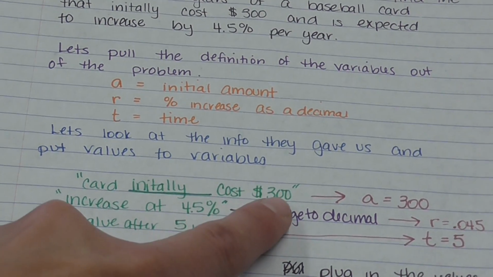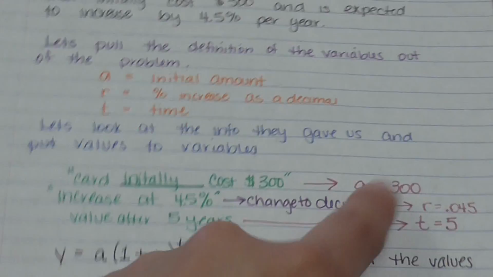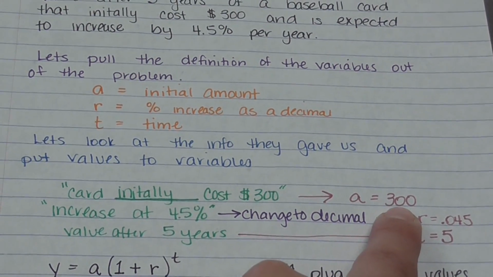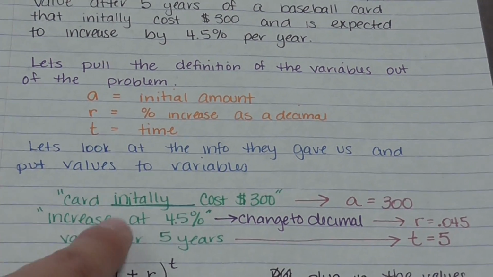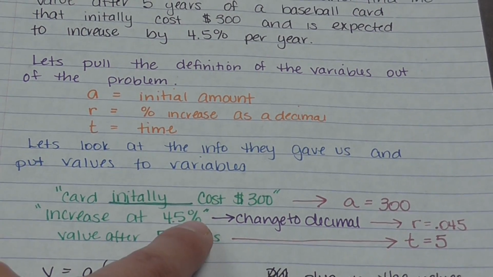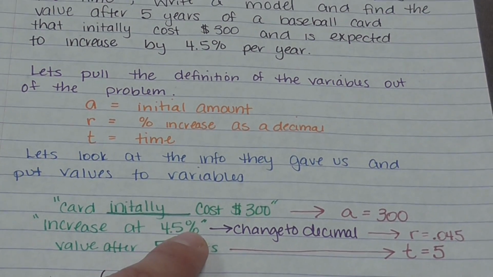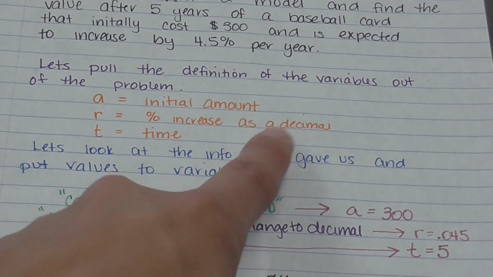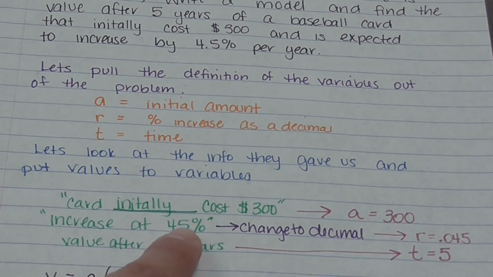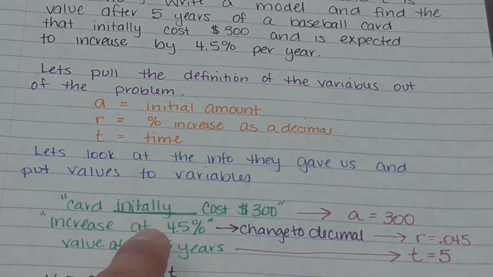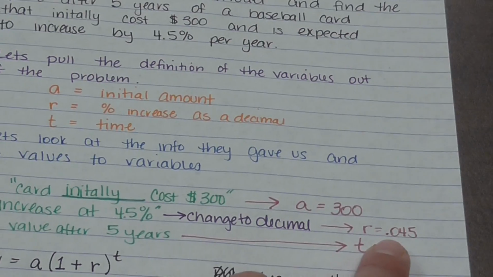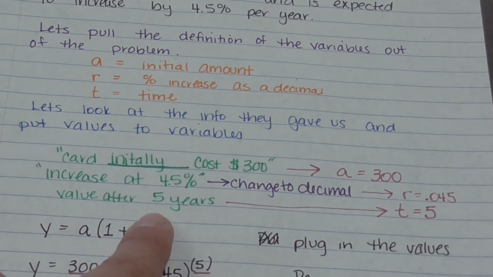Card initially cost $300. That's a, because that's the initial amount, and I know that number is going to be 300. And it says increase at 4.5%. So that's our rate. So r is going to equal 4.5%, but I need to write it as a decimal. The way I make a decimal is I move the decimal place 2 spots, and r equals 0.045. Then I have my value after 5 years.